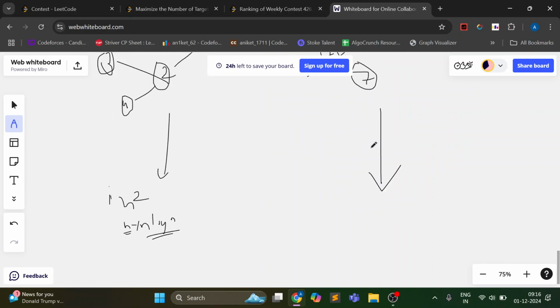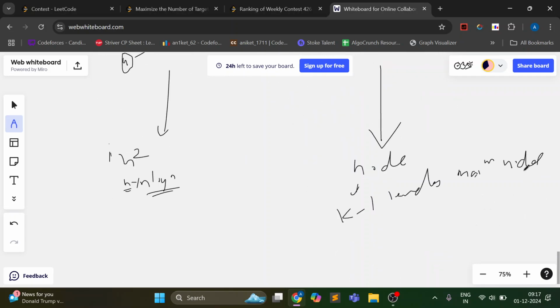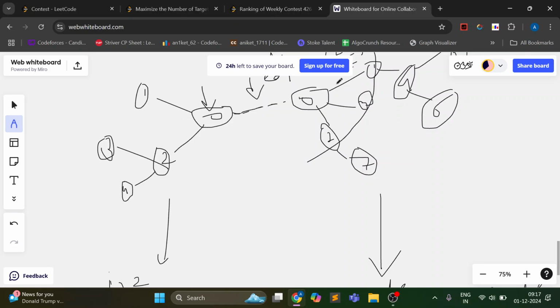So from the secondary, we have to find a node such that its k minus 1 levels contain the maximum number of nodes. We just need to find one node which has the maximum number of nodes, and we will connect that node to our search node, and we will find the answer.